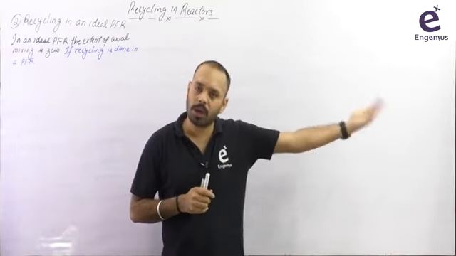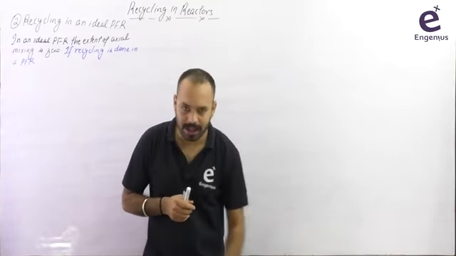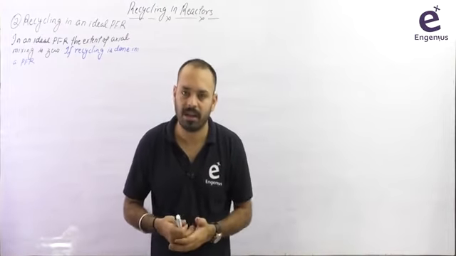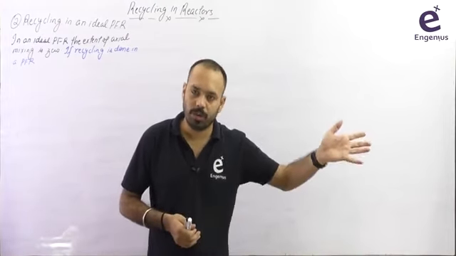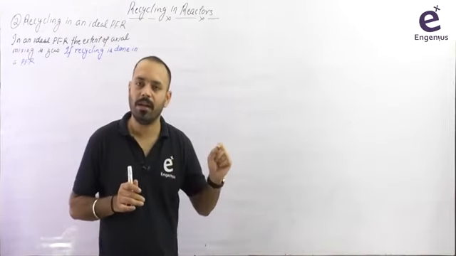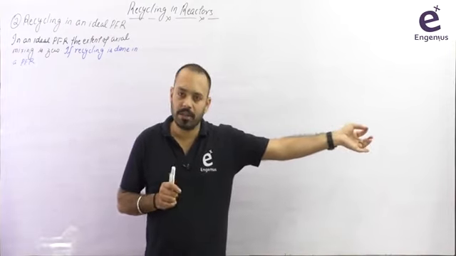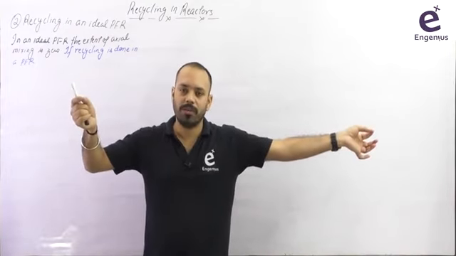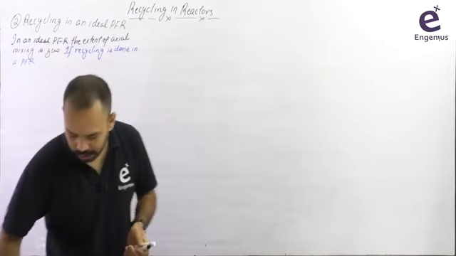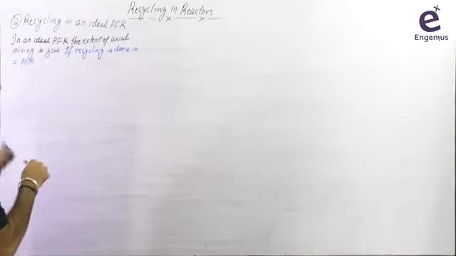You are mixing the more converted liquid to the less converted liquid. Means you are actually increasing the axial mixing, which was initially 0, in an ideal PFR there is 0 mixing. But if you are recycling, means you are mixing the liquid which is highly converted to the liquid which has 0 conversion. It means you are increasing the extent of mixing in the PFR. So that is what is happening here.